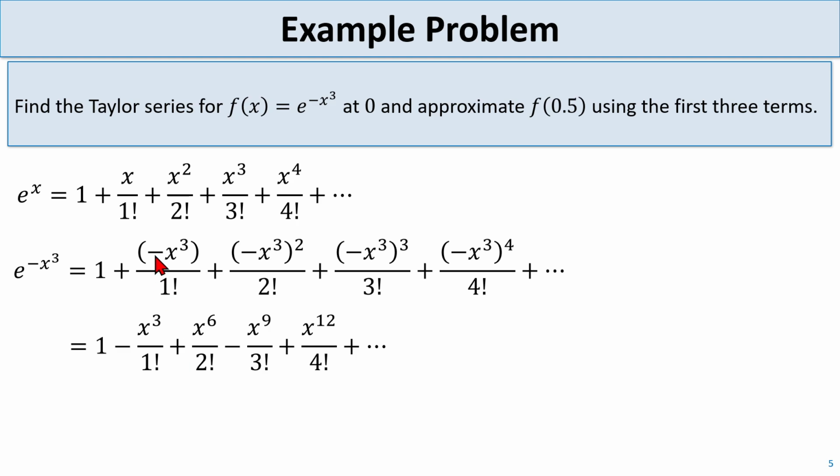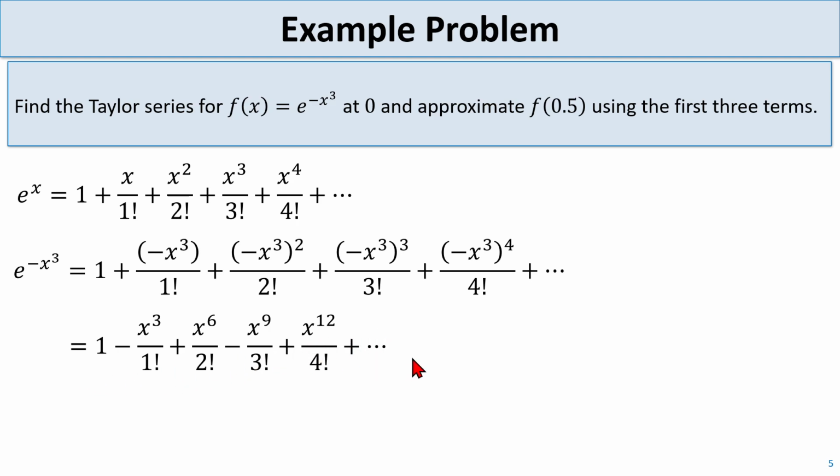However, the coefficient of this term is going to be negative due to this negative. The coefficient of the x to the 9 ends up negative because that comes from this term, which is x cubed, but that cubed hits that negative 1, and negative 1 cubed is negative 1. Point is, we end up with an alternating series where each term has a power of x that's increasing by 3.